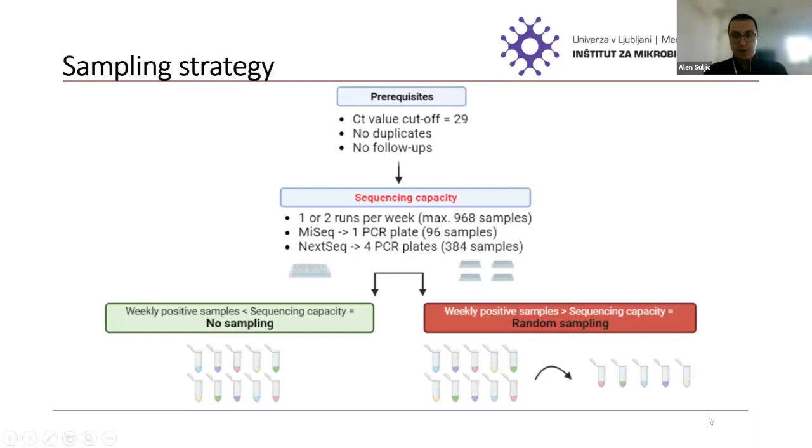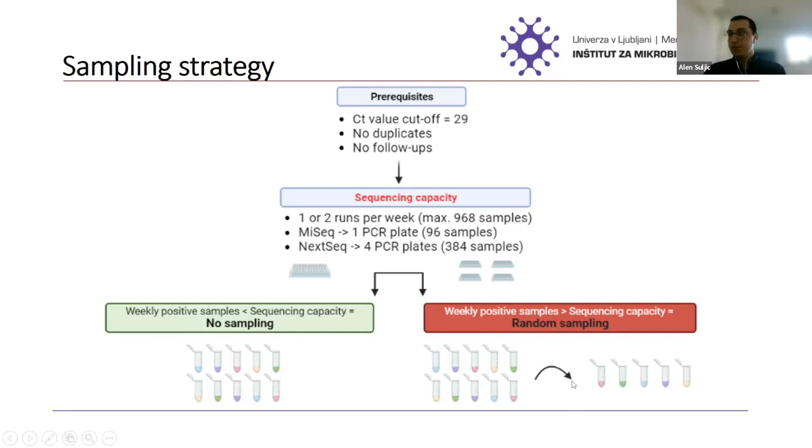The number of sequenced samples was then selected based on the sequencing capacity of the available sequencer. And in many cases, the number of positive samples exceeded the sequencing capacities, and that's why we opted for random sampling in order to address the selection bias.